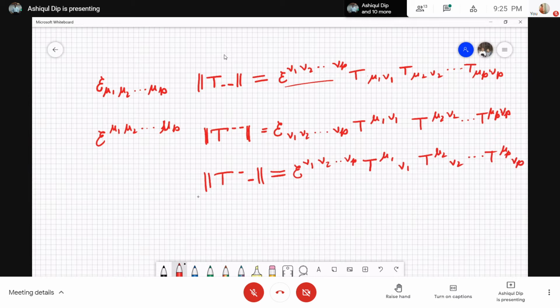And these are upper indices, so I want the first e to have all upper indices, like that. So I believe you get the idea. It's just the way we are writing the same thing over and over again. That's all.